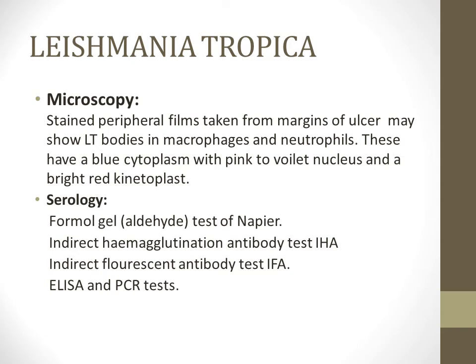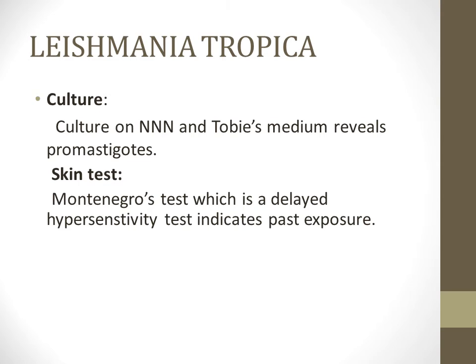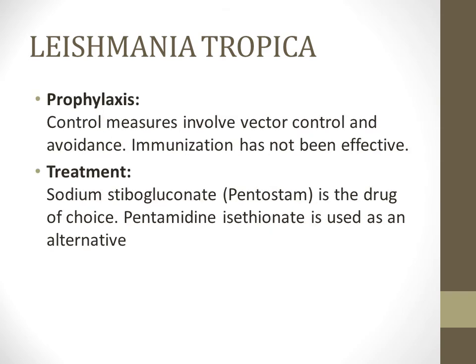On serology, the same tests are used: the formol-gel test, the indirect hemagglutination antibody test, the indirect fluorescent antibody test, the ELISA and the PCR test. Culture on NNN and Tobie's medium reveals the promastigote form, and the skin test is the characteristic Montenegro skin test, which is a delayed type 4 hypersensitivity response and indicates past exposure to the parasite.